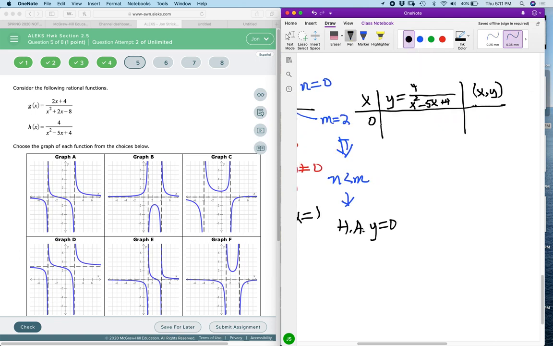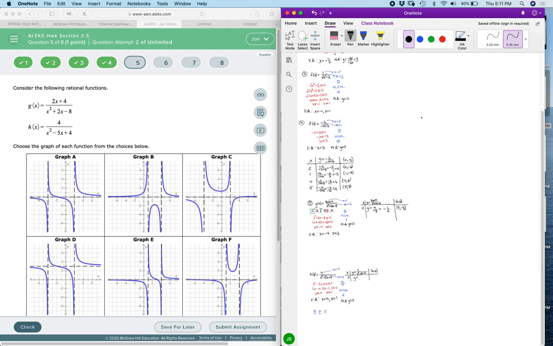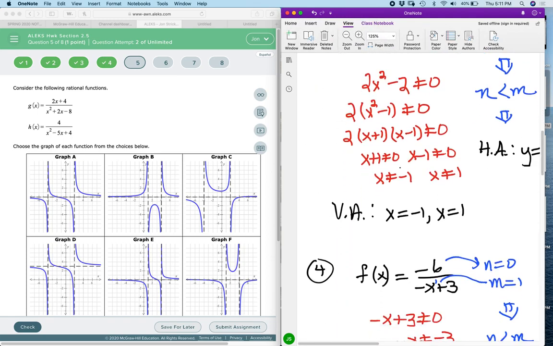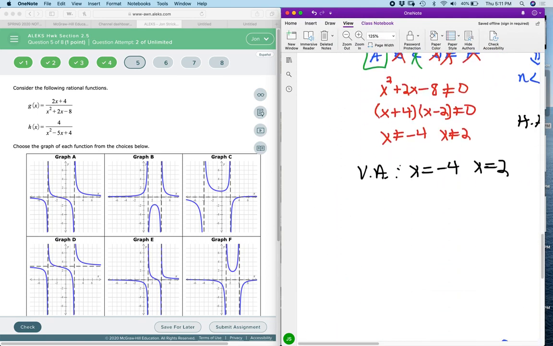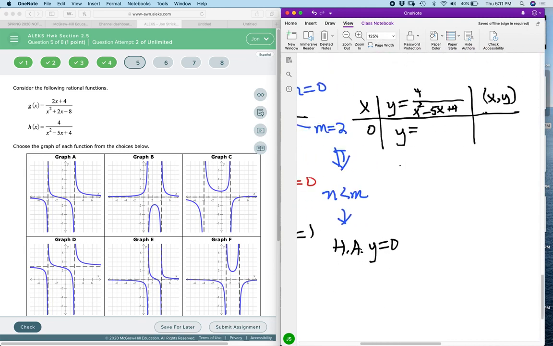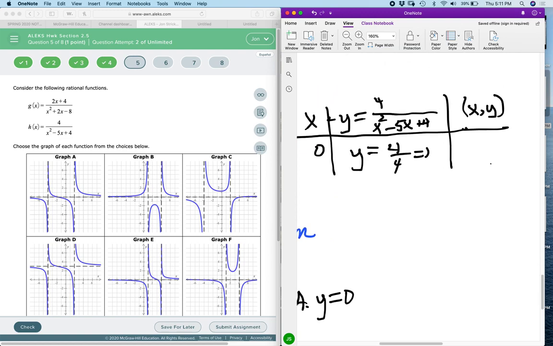So you have x at 0, and 4 over 0 minus 0 plus 4. And in this particular layout, at 0 you have 1.